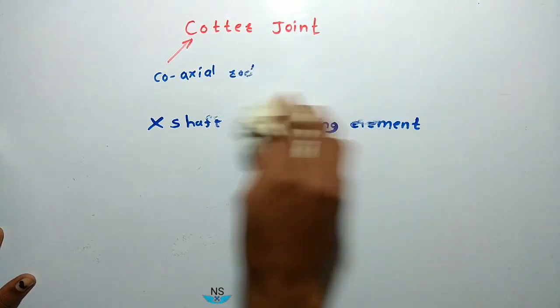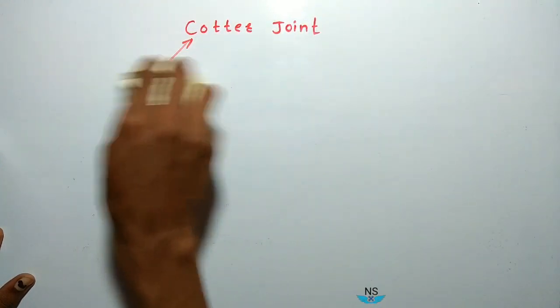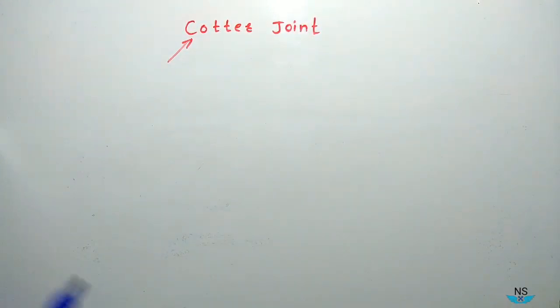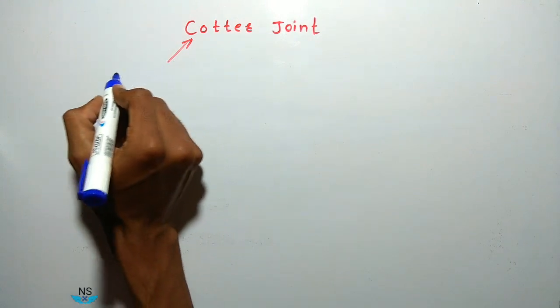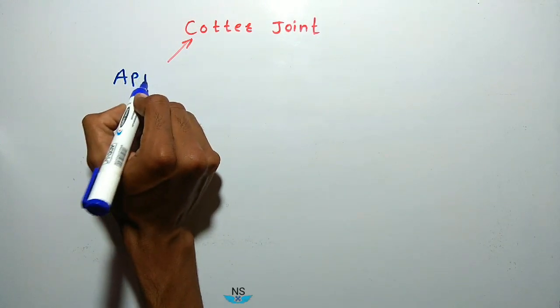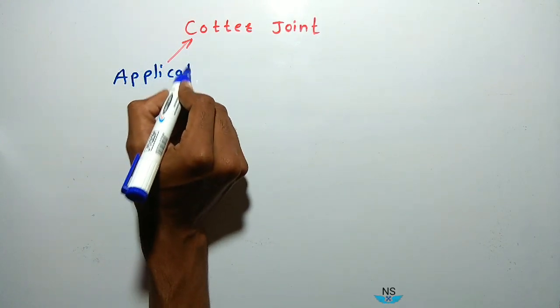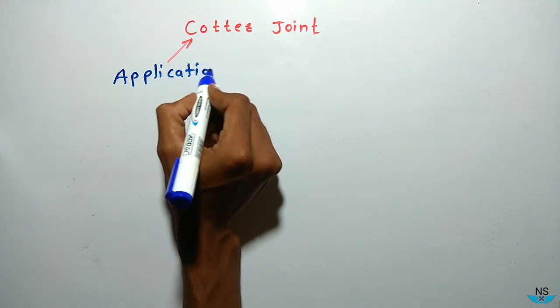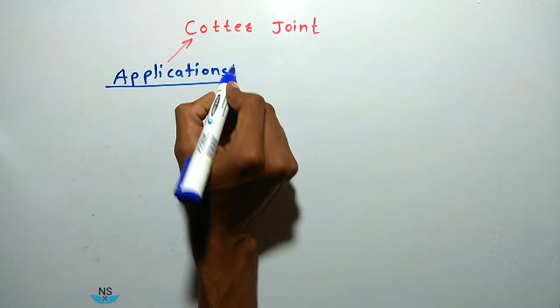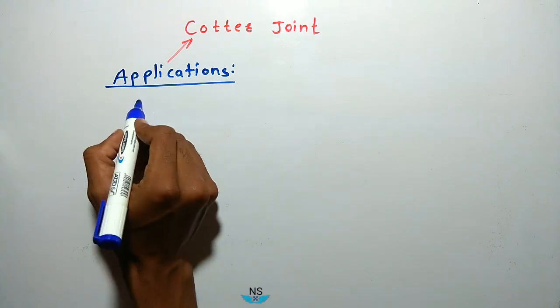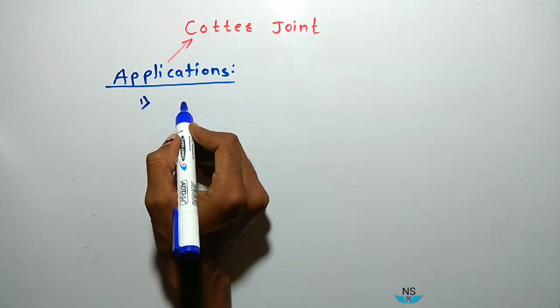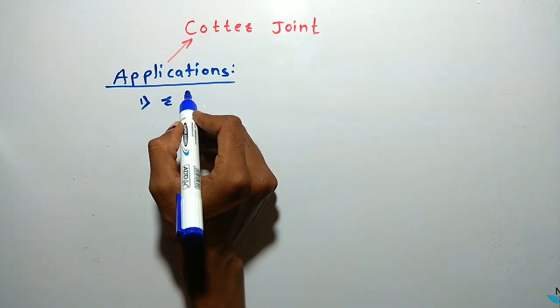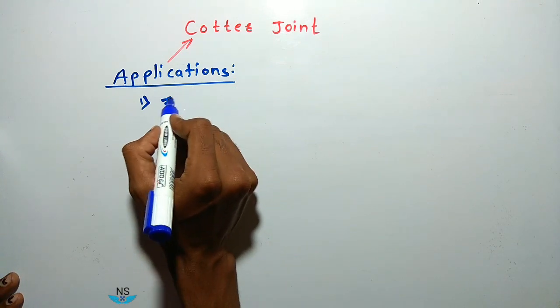Now let us see the applications of quarter joint. Where is it used? The first application is the joint between piston rod and crosshead of a steam engine.